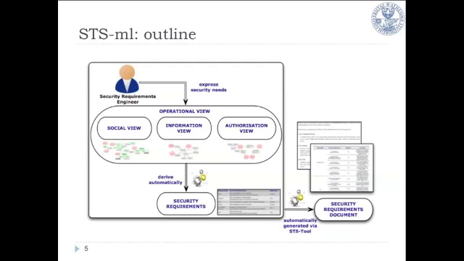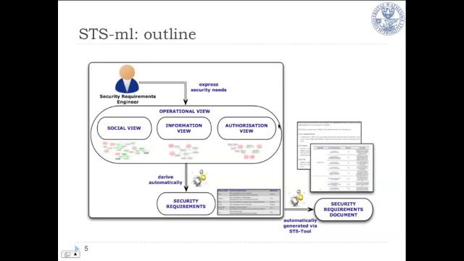To give you a general outline of the language, as I said, it's a multi-view modeling language. It has mainly three views. The social view, in which we represent actors and their interactions. The information view, in which we capture the informational content of all the documents that actors can exchange while interacting, and their structure.